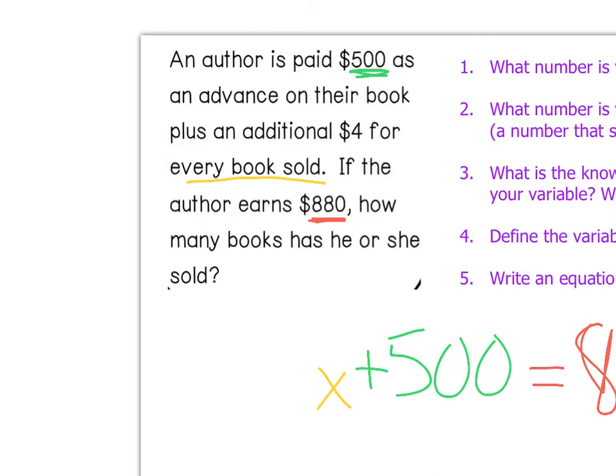That is what we are looking for. And we know that the author makes $4 for every book. So then 4 times however many books he sold plus his $500 advance would equal his total amount earned, which is $880. And that would be our total equation.